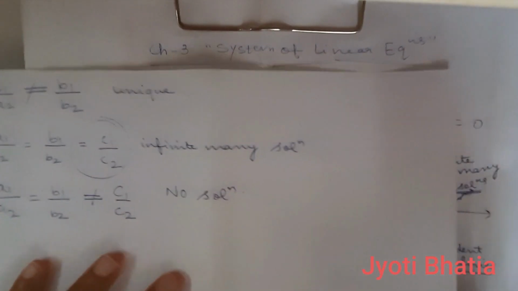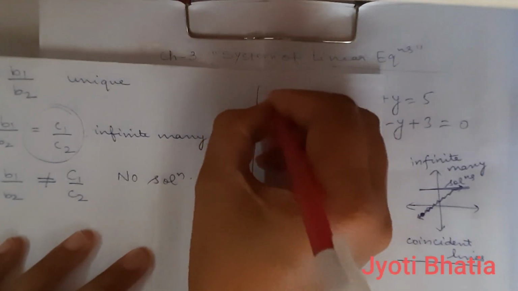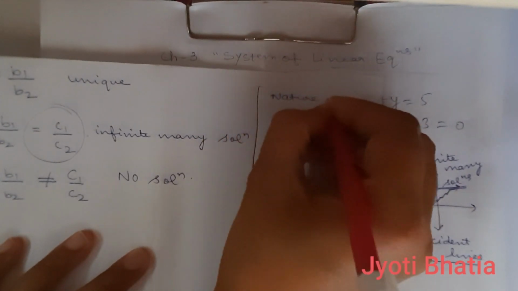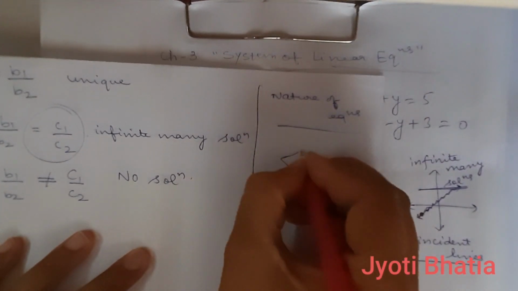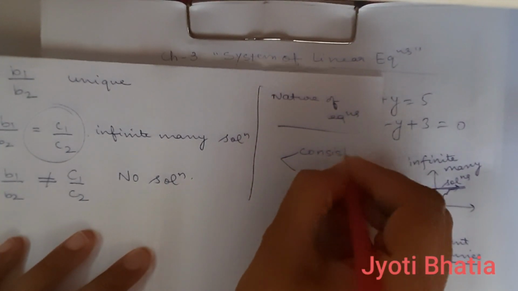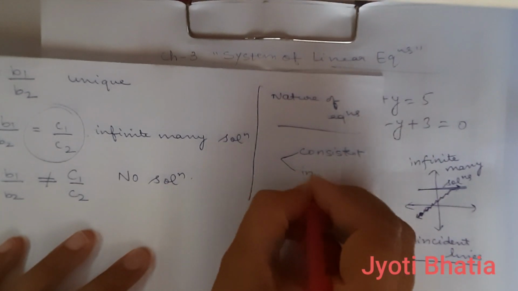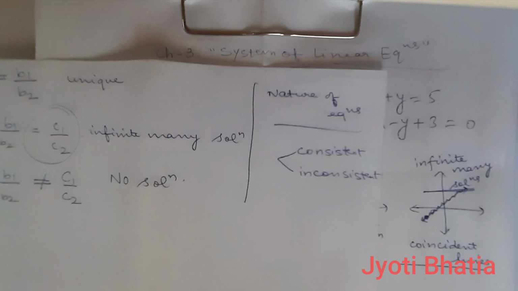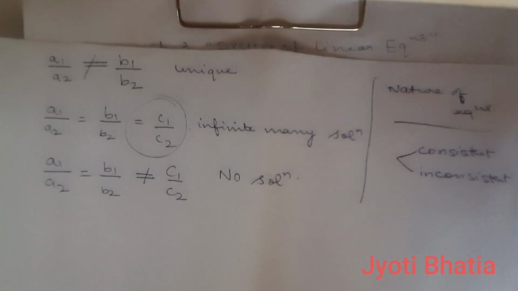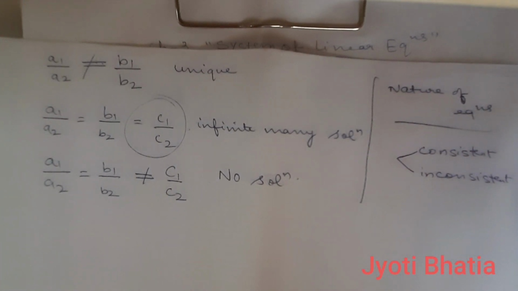There is one more term you need to understand, which is the nature of equations. Now equations are of two types, consistent and inconsistent. If you check your dictionary for the meaning of these two terms, consistent means something dependable.